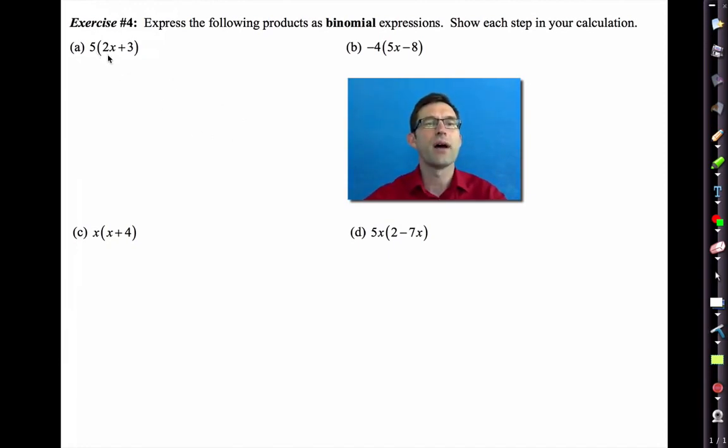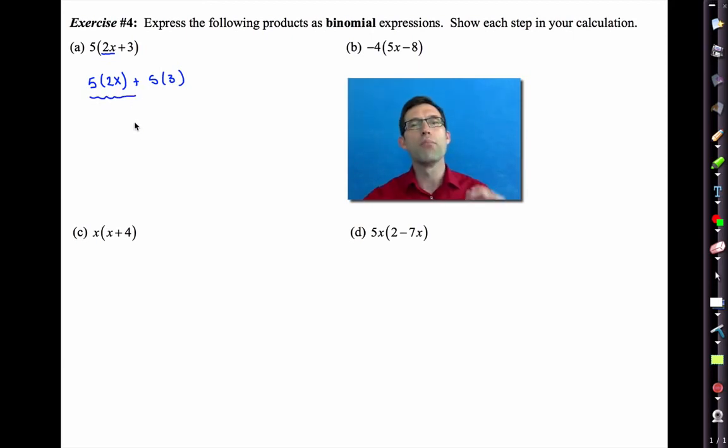This says 5 times 2x plus 3. Now notice, I'm already thinking about this 2 times x as a single quantity. And what I really have is 5 times 2x plus 5 times 3. Now, what do I do with that?